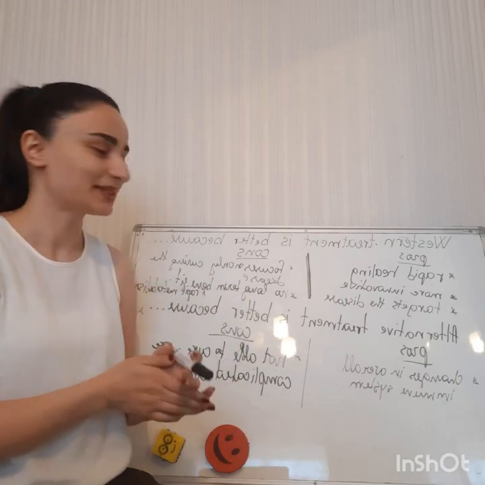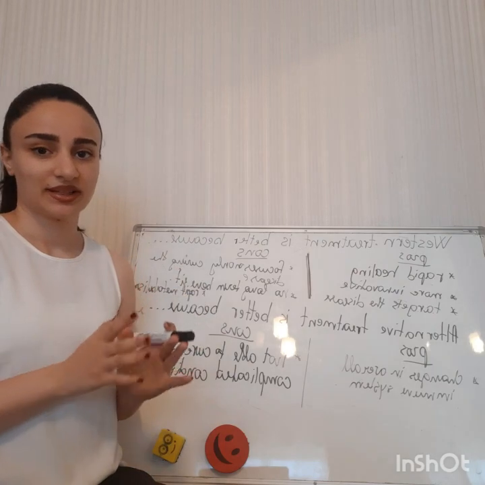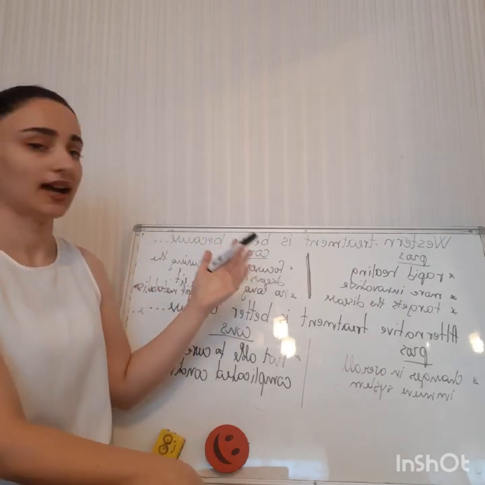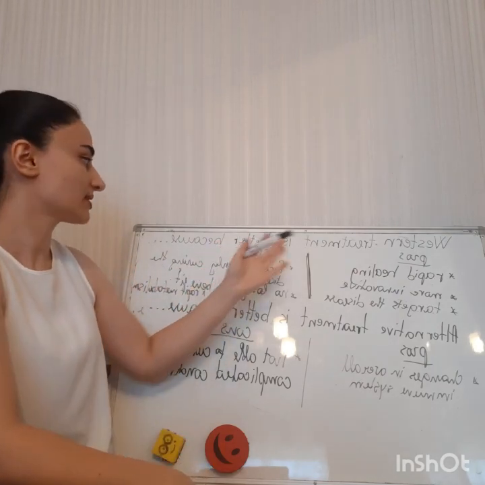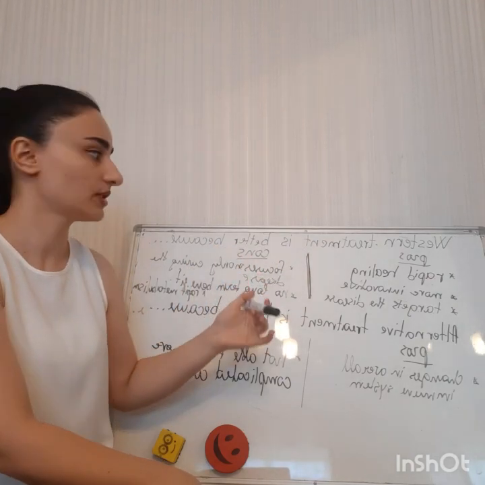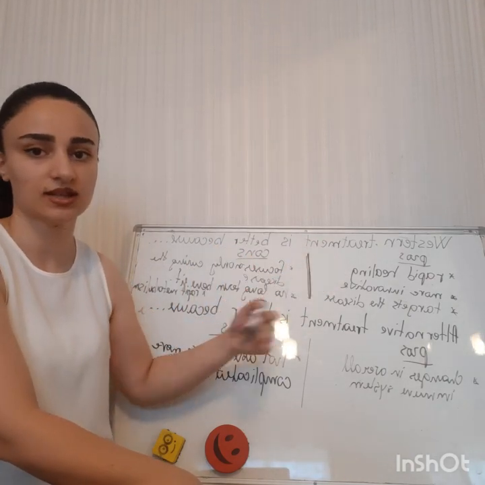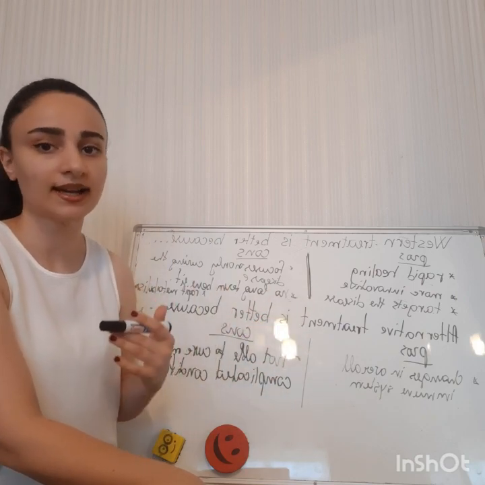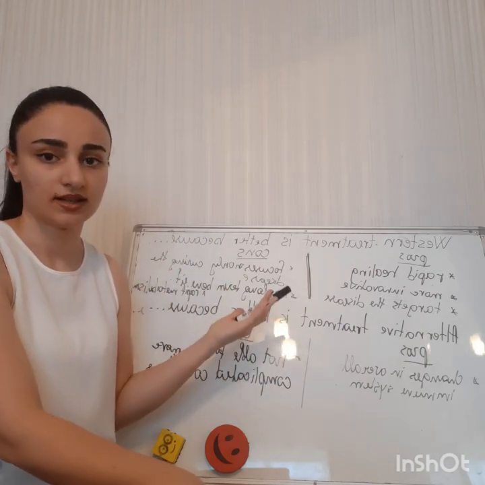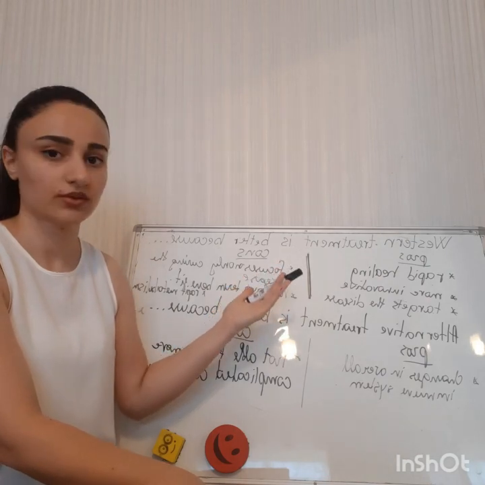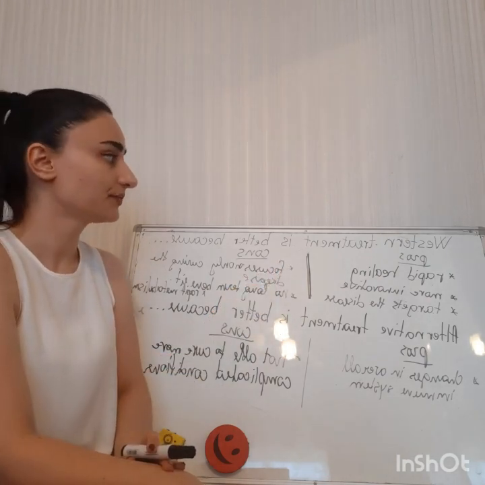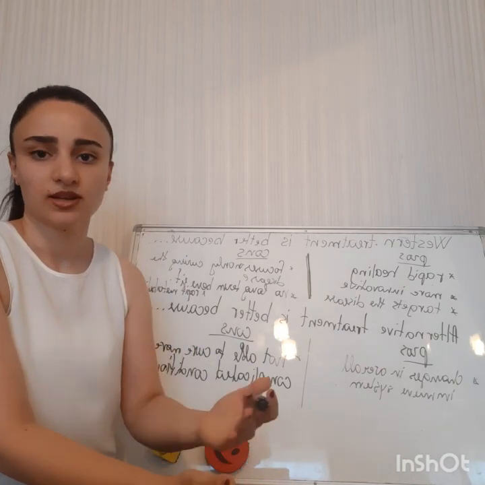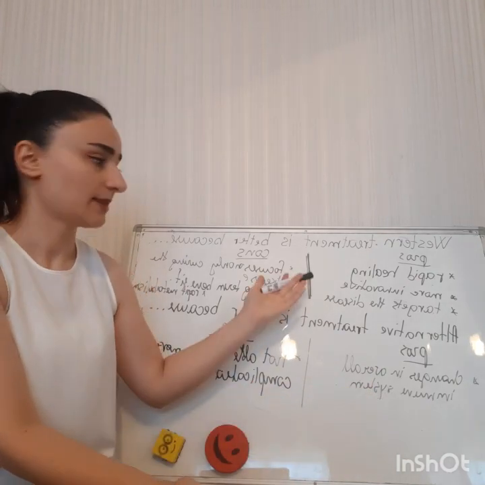So let's start with Western treatment, and we have: Western treatment is better because. So we should write some pros and cons, the positive sides of Western treatment and its drawbacks. So let's start with the pros of Western treatment.